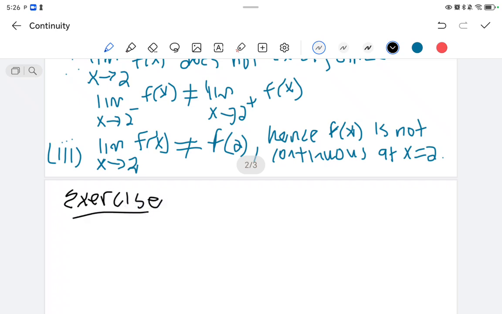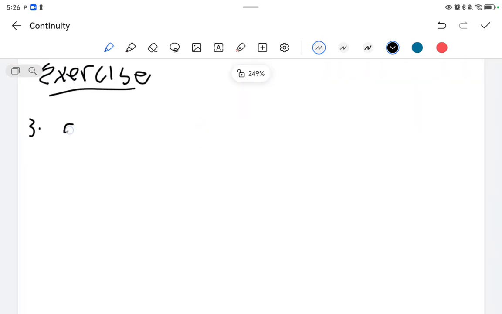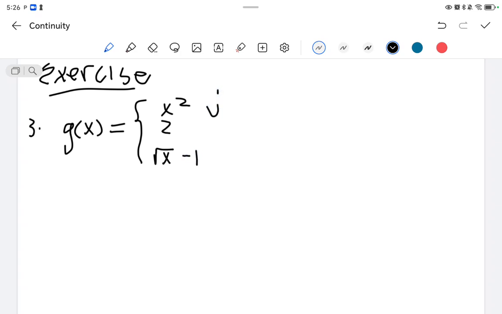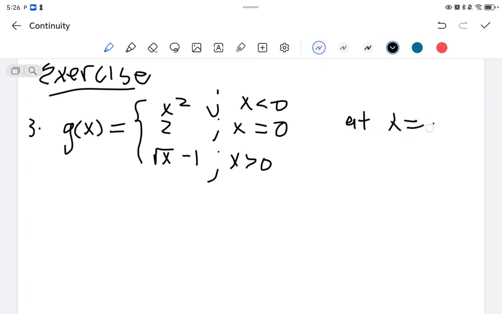For the exercise, I want you to check: we're given that g of x is equal to x squared, 2, and root of x minus 1, for x less than 0, x equal to 0, and x greater than 0 respectively. Check this at x equals 0.